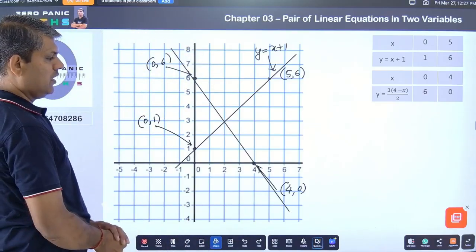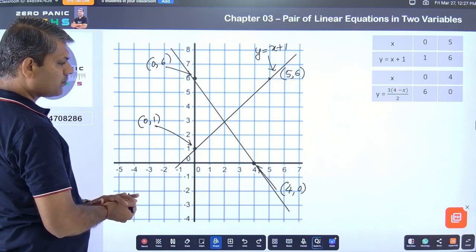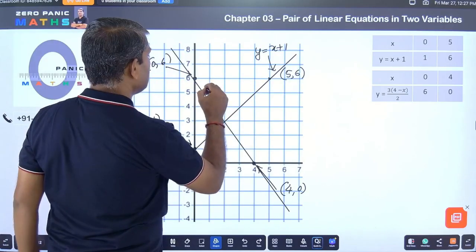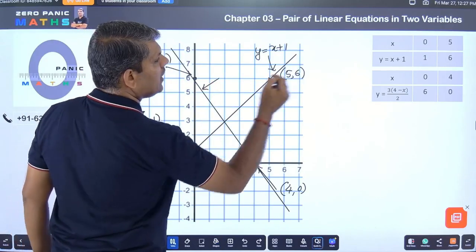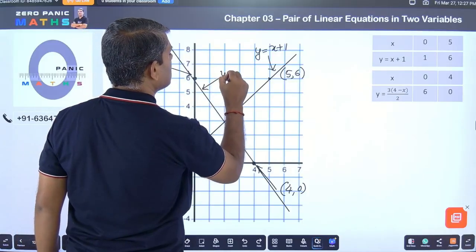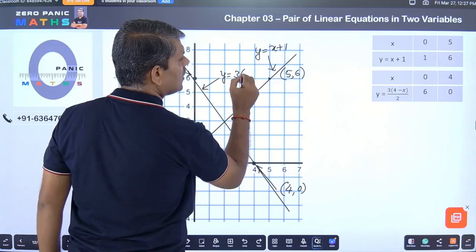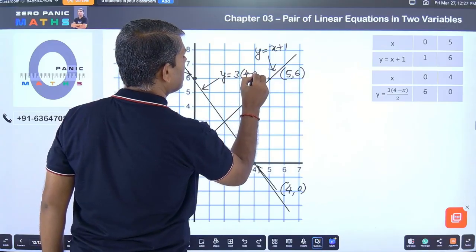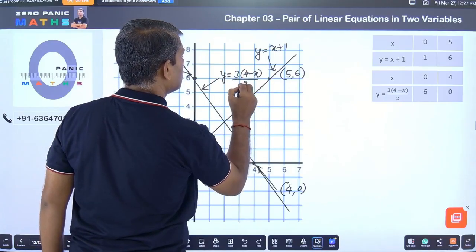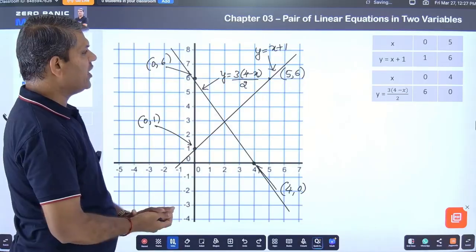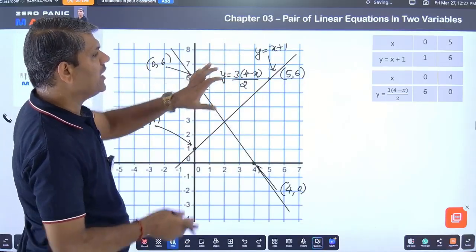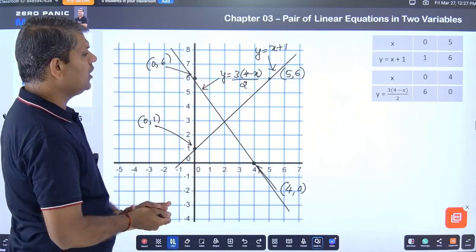Okay. This is that line. Now what is this line? It is the second line, y is equal to 3 multiplied by (4 minus x) divided by 2. You have to actually write these y equations to identify the lines so that there will not be any confusion.